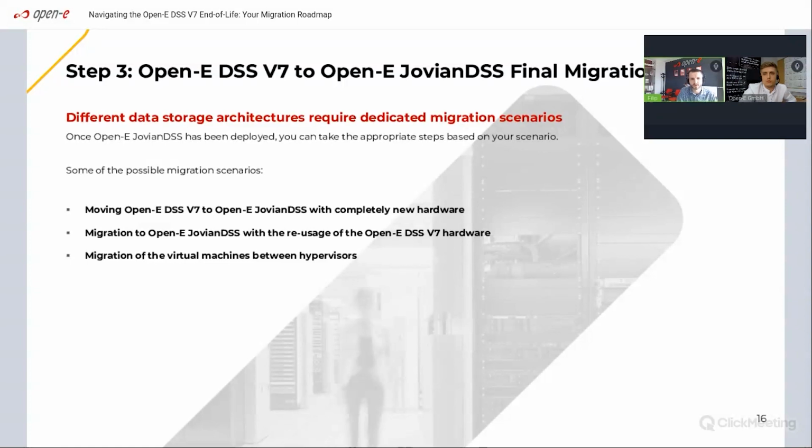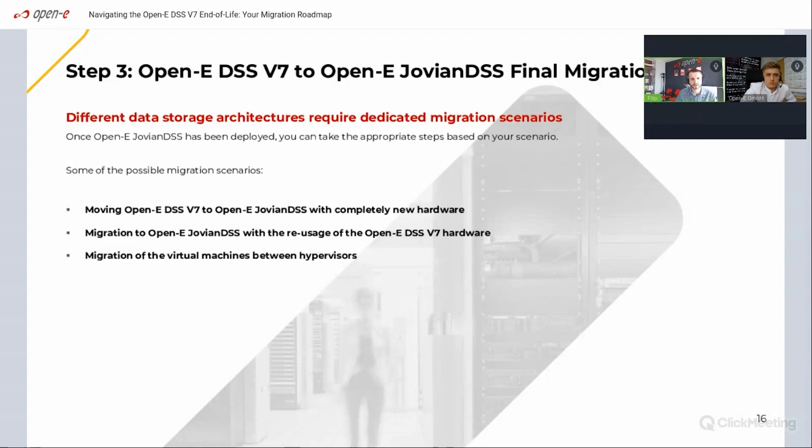Then you proceed to install Open-E JovianDSS on the hardware which has now been freed, and you configure it with a zpool consisting of single disks or with two-way mirrors, and you enable the data migration tool and perform the other steps which I have already talked about in the previous scenarios.